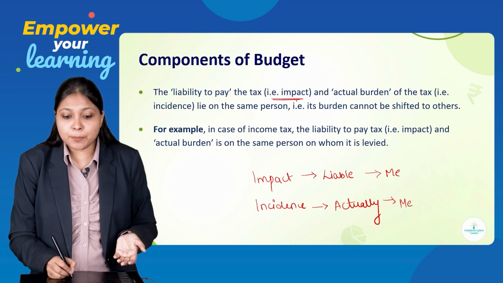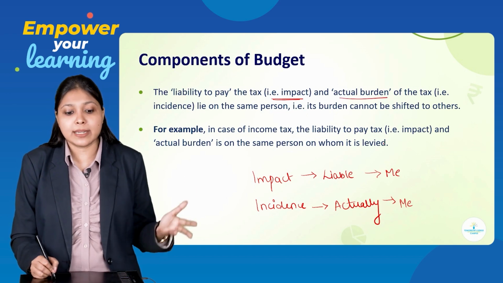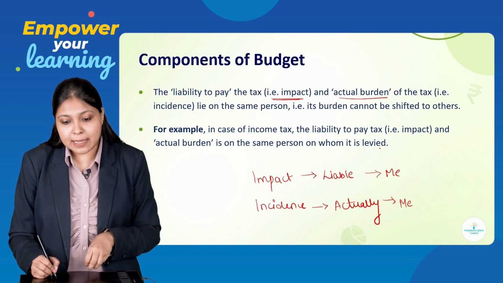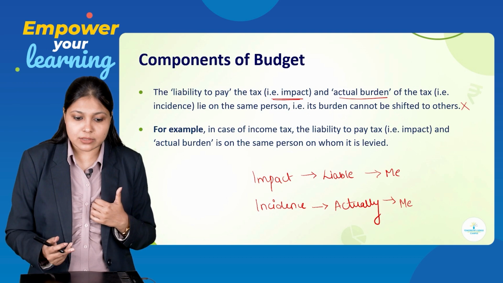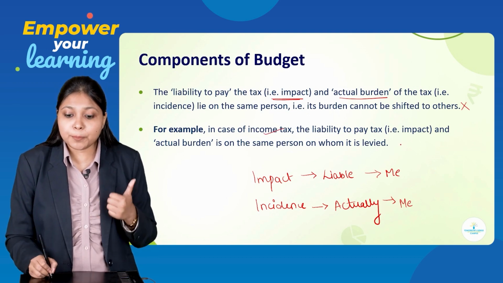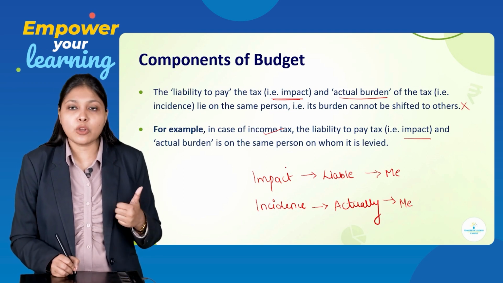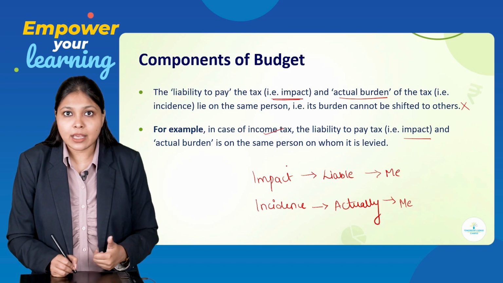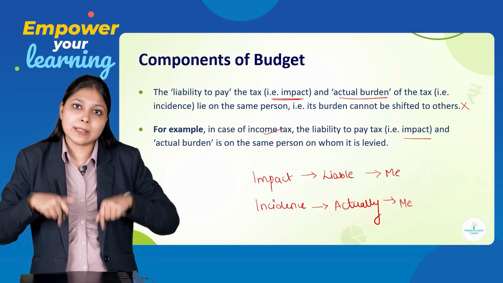So, the liability to pay tax is the impact. The actual burden of the tax is called incidence, which lies on the same person. That is, the burden cannot be shifted onto others. Example, in the case of income tax, the liability to pay tax, that is impact, and the actual burden are on the same person on whom it is levied. So, as I said, the impact and incidence are both on me.